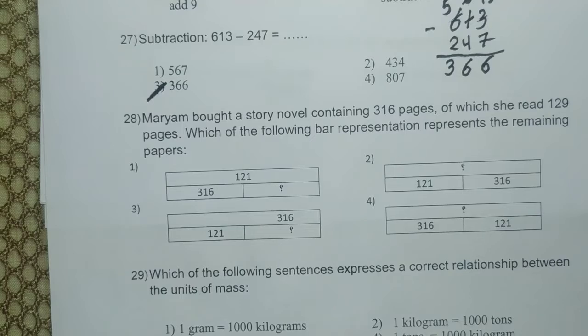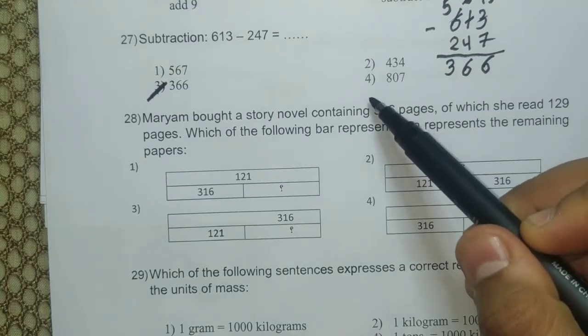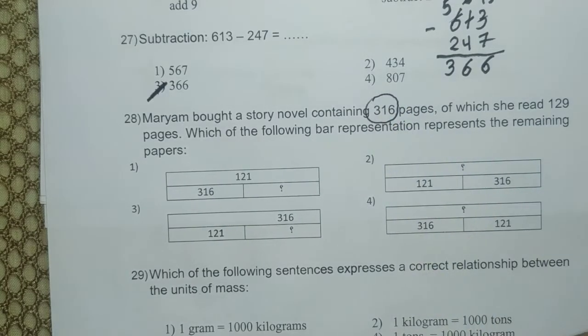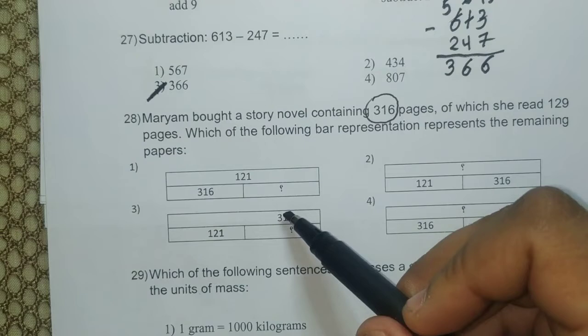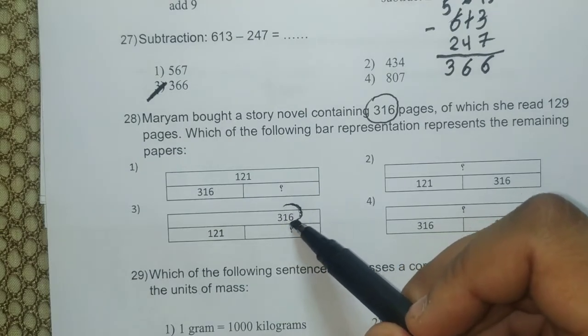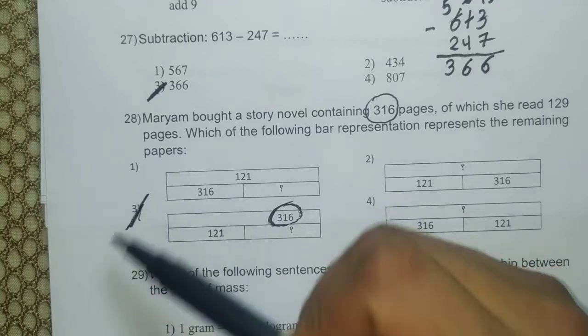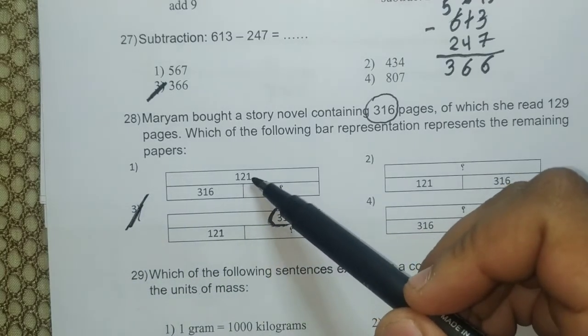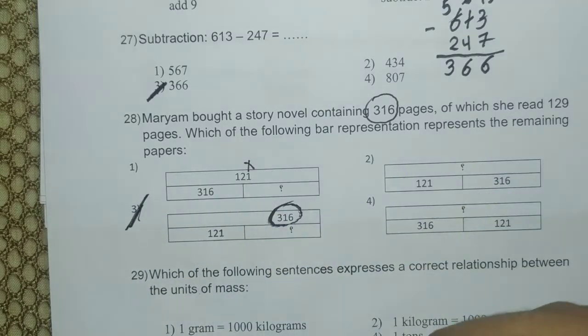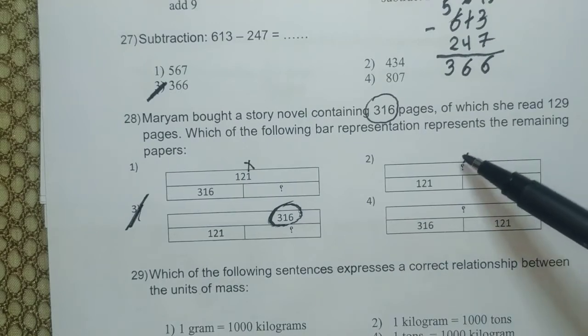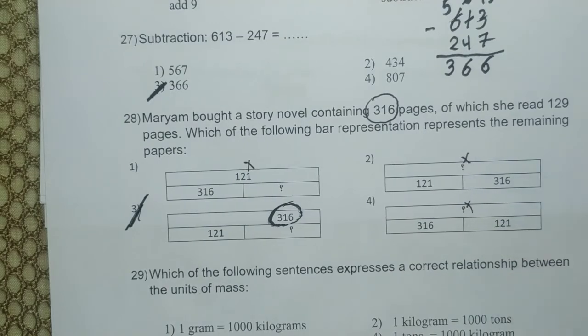The total number of pages is 316, so 316 will be on the top of the bar model. So the answer will be number 3. It can't be 121 in the bar model here, and it can also not be here and not here.